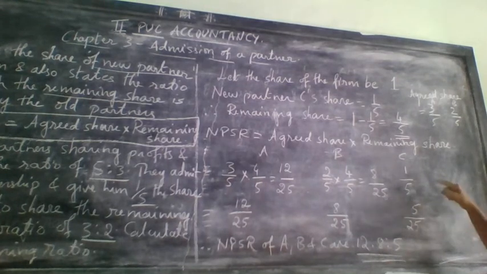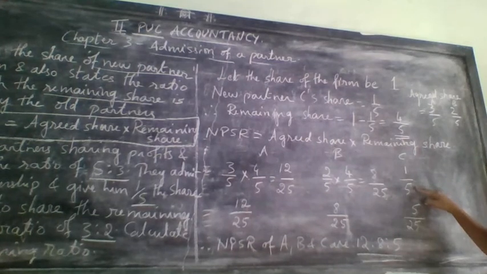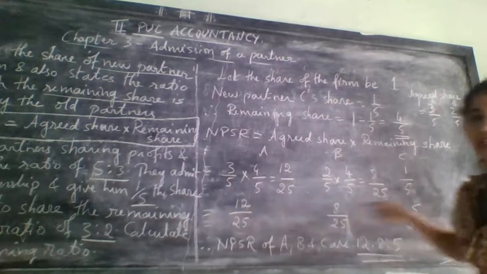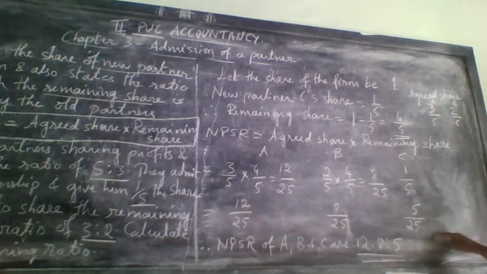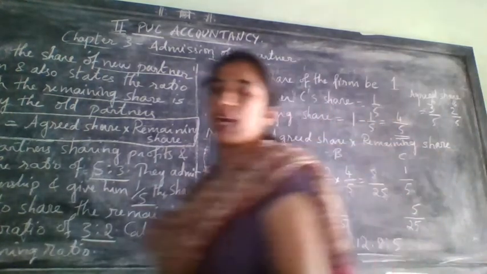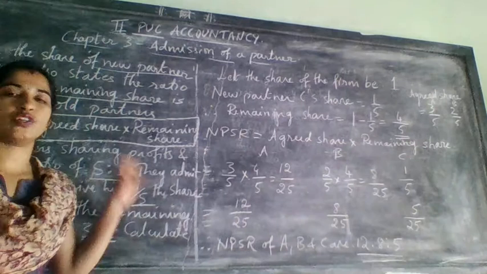Now how to get the numerator? 25 divided by 5, you will have 5. Now add all the numerators: 12 plus 8 plus 5. If it equals the denominator, then your ratio is correct. So this is how you calculate the new profit sharing ratio under case 2.